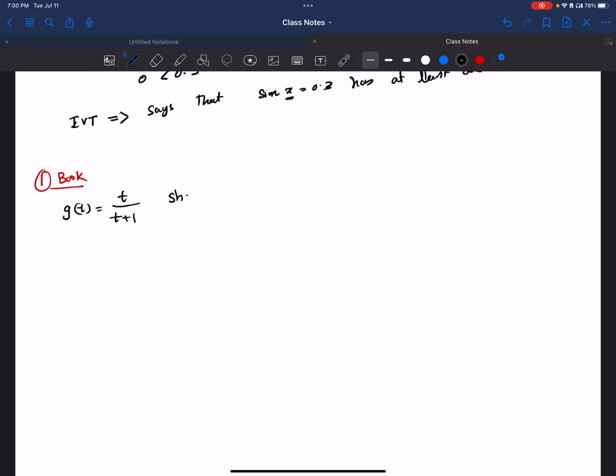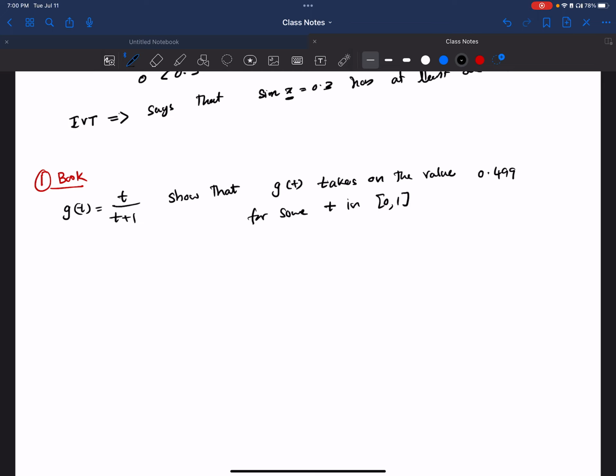Show that g of t takes on the value 0.499 for some t in 0 to 1.